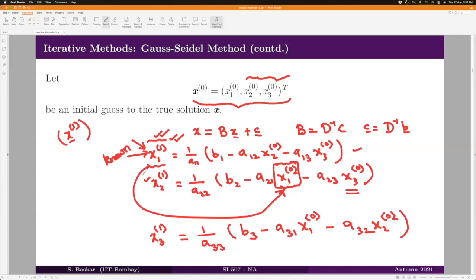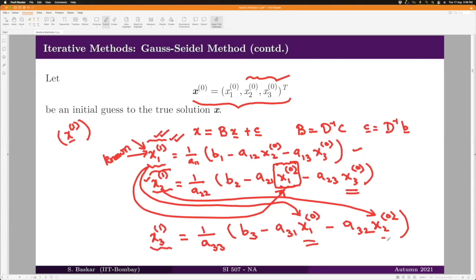Therefore, you can as well replace the better information here instead of the old information. And similarly, this information you can plug in here and hope to get a better approximation to x3 of 1 when compared to what you obtained using the Jacobi method with the previous iteration's information. This is the idea behind the Gauss-Seidel method.